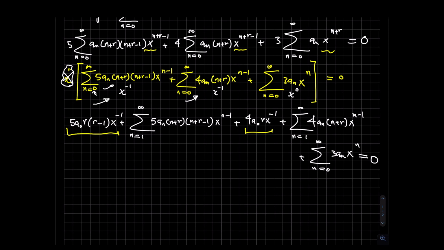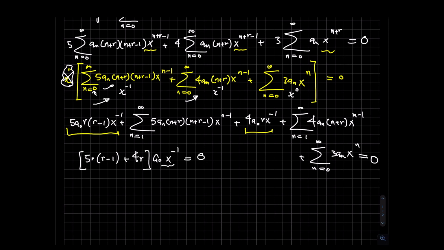So here I notice a naught is common, x to the minus 1 is common. So if I pull that out, I'll be left with 5r, r minus 1, plus 4, and I'm pulling out the a naught and x to the minus 1, so I'm left with r, and that's just a naught x to the minus 1, and that has to equal 0.